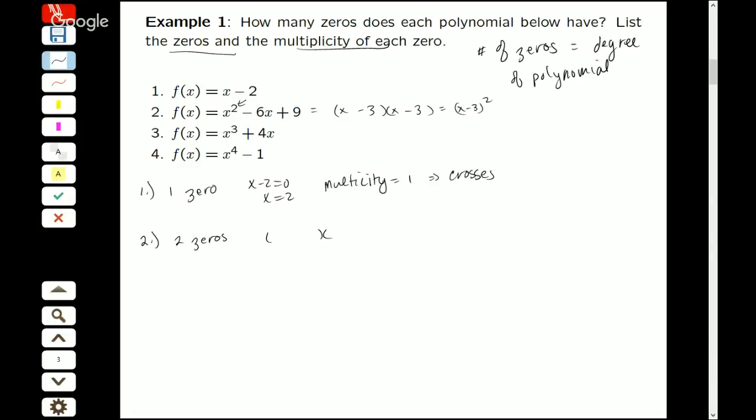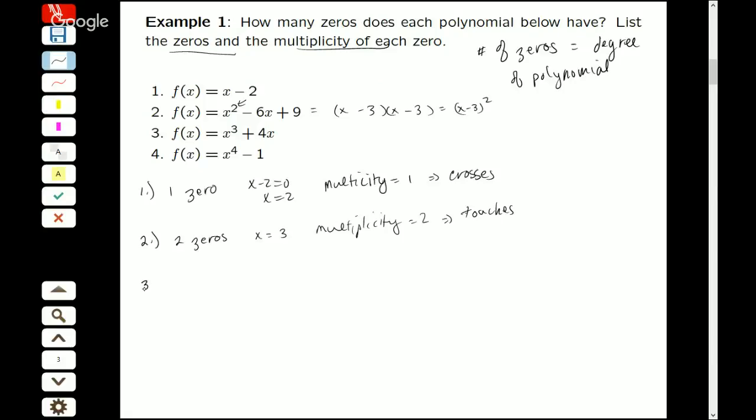So tell me what the zero looks like. x equals what? And what is the multiplicity? Yeah. Even though you only wrote one zero down, the multiplicity is 2. So that's why there are 2 zeros. And does it touch or cross? Touches.